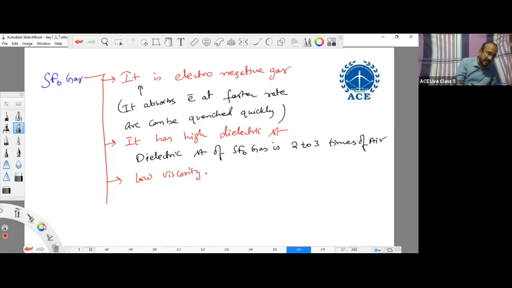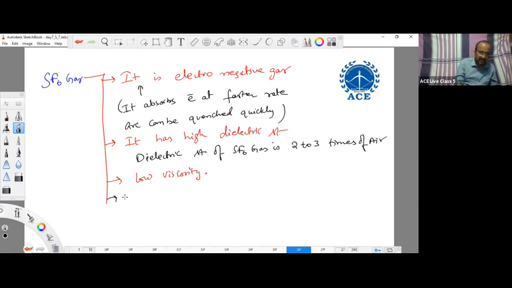Okay. And the SF6 circuit breaker can be designed to operate at any voltage level, because that is the design criteria.